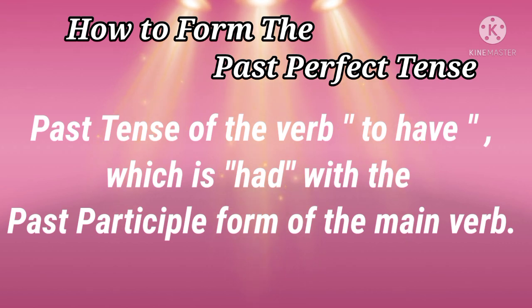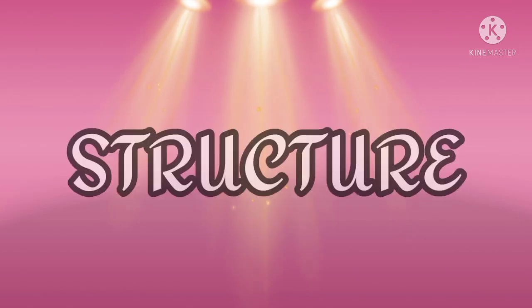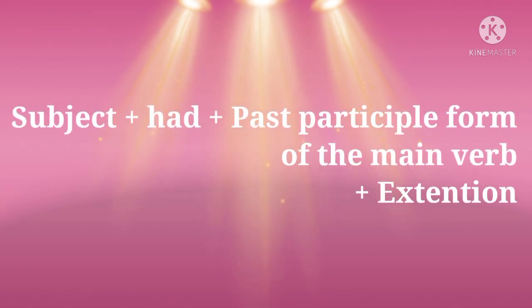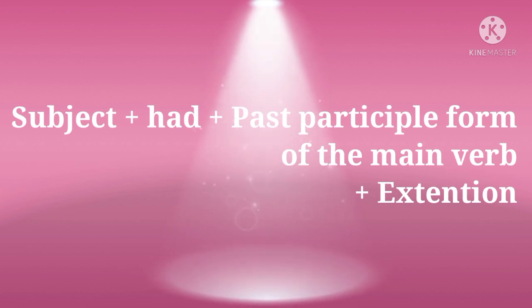In other words, we have a particular structure to form a sentence in past perfect tense and the structure is subject plus had, the past tense form of the verb to have, plus past participle form of the main verb plus extension. Now we are going to learn about the uses of past perfect tense with some examples.